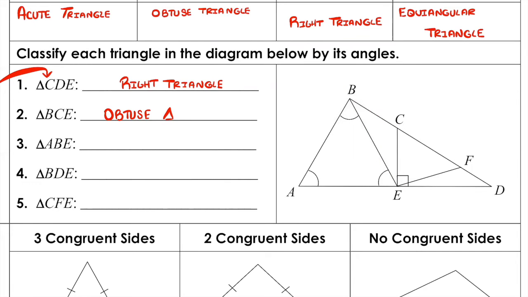How about A, B, E? So A, B, E. Equiangular, good. It's an equiangular triangle.